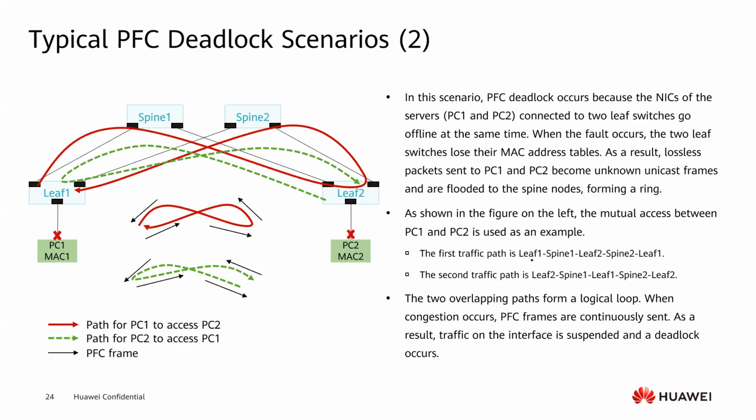This scenario is also very special. We can see here in this scenario, PFC deadlock occurs because the NIC of the server PC1 and PC2 connected to leaf switch go offline at the same time. So here is important: goes offline at the same time.